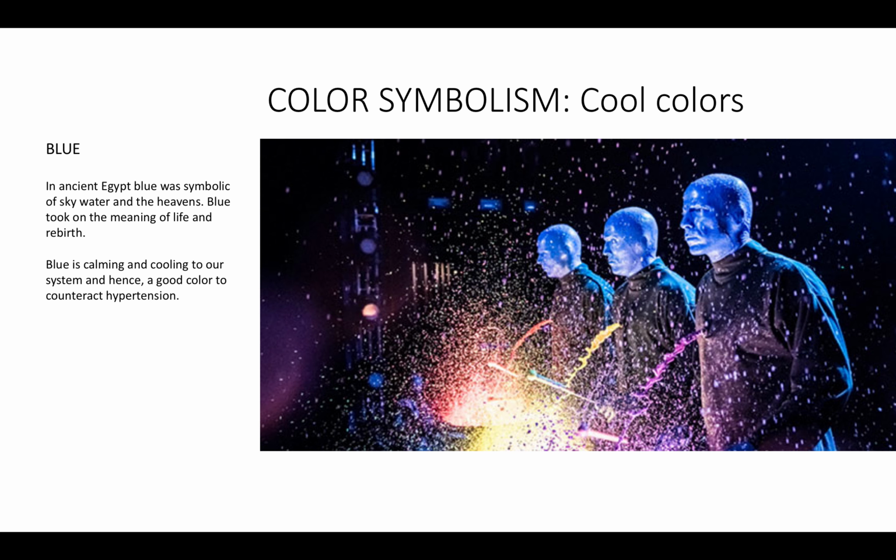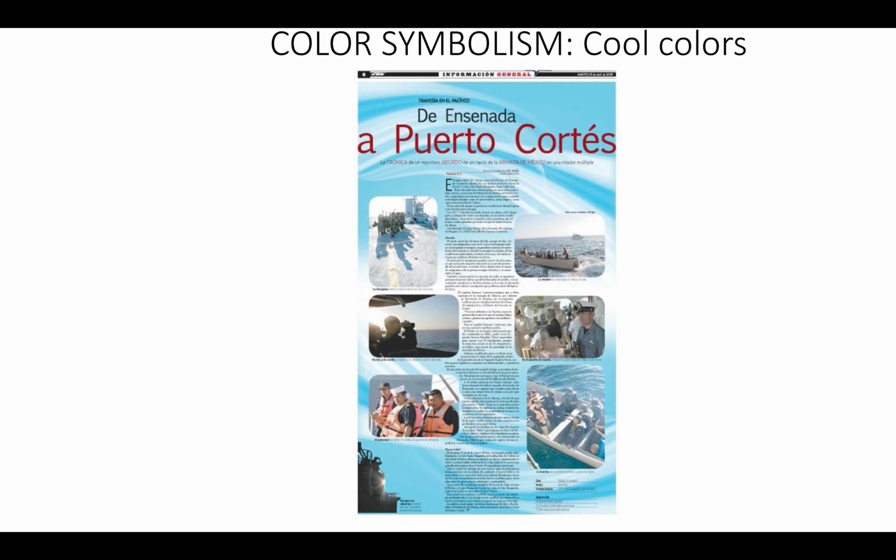Cool colors also remind us of sky, water, and the heavens. In ancient Egypt, blue was considered a symbol of life and rebirth. So it's also calming to our system and a good color to counteract hypertension.